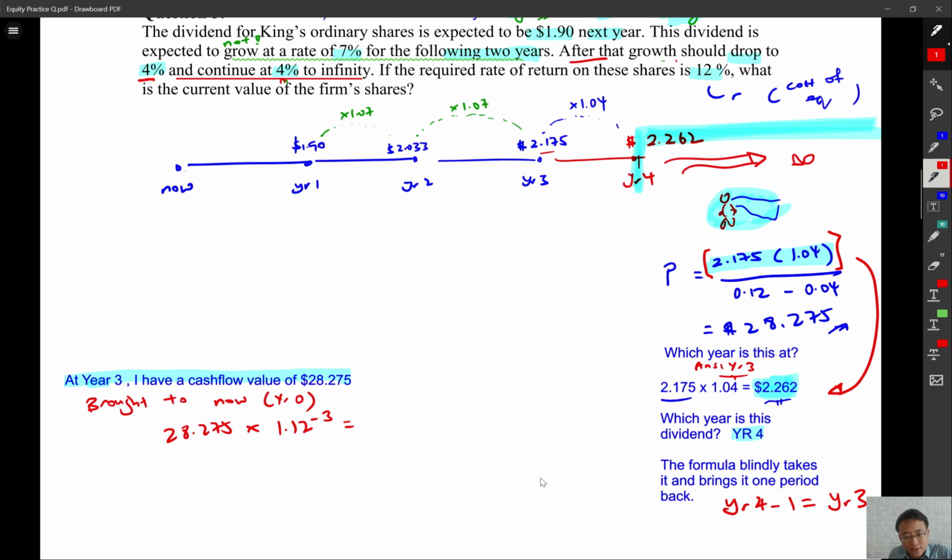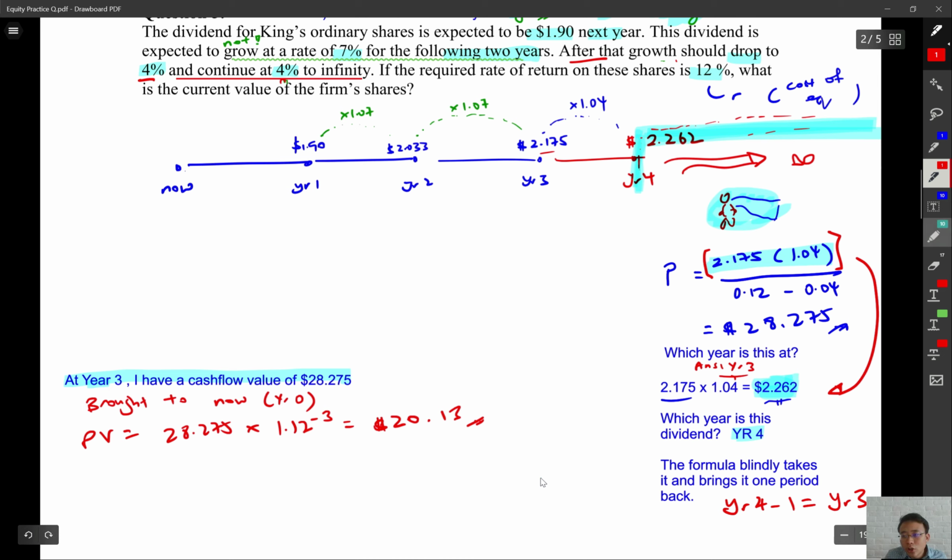You will get 20.13. Let's round it. Now I have gotten the cash flows from here all the way to infinity. I have gotten it in present value already.